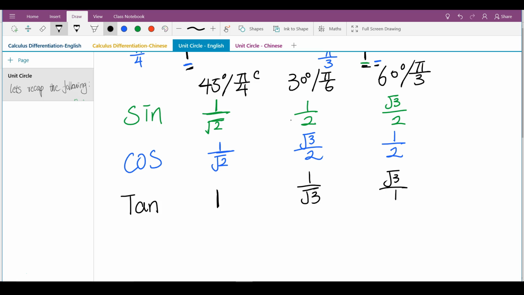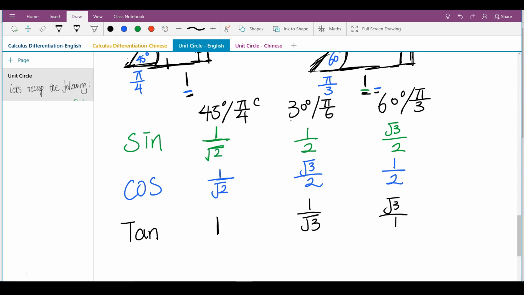And now that's just root 3. All right, so we got some exact value for 3 extra angles other than our boundary angles. We got exact value for 30 degrees, 60 degree, and 45 degree. Yeah. All right.